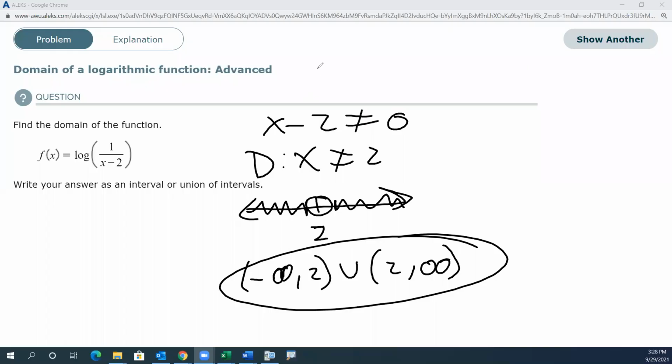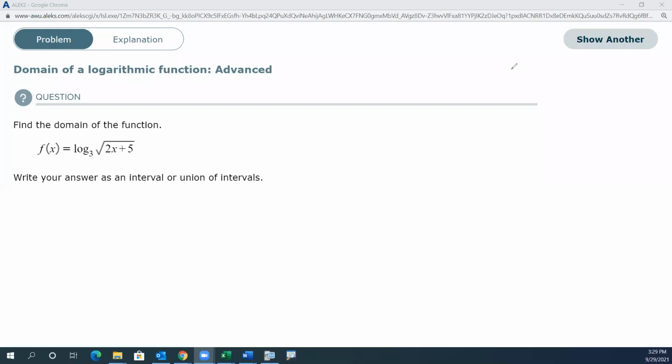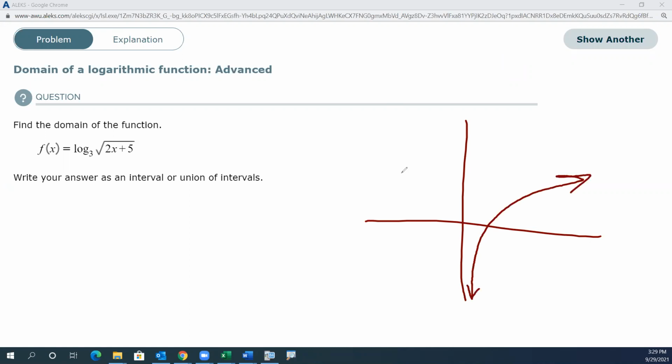All right, so let's try one more of these. This time there is no denominator, so we don't have to worry about the denominator being 0 because there is no denominator. However, unlike the last problem, remember that the basic log function looks like that, and it never touches the y-axis.